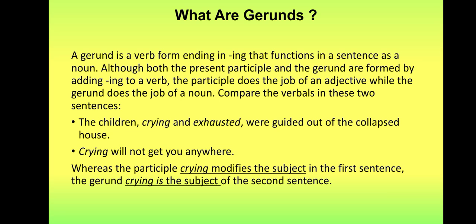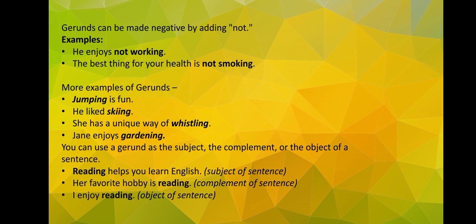Remember that a gerund always acts as a noun, or does the job of a noun, but a participle is not like that. Gerunds may include the negative such as not.